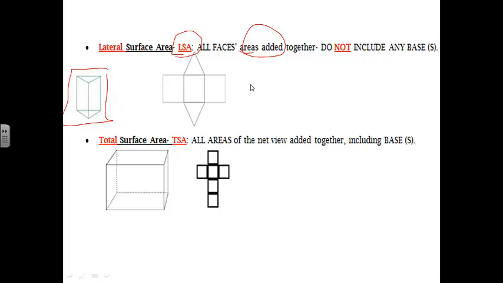And what is this shape? Good. It's a triangular prism because it has three rectangular faces and two triangular faces.